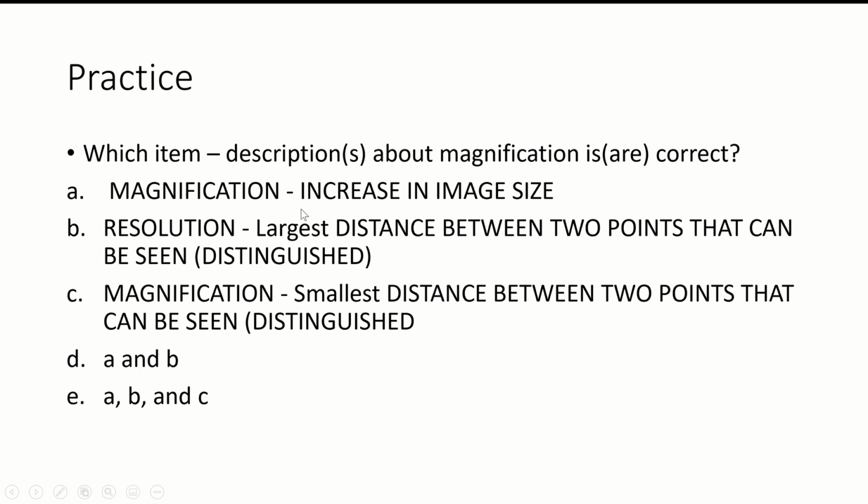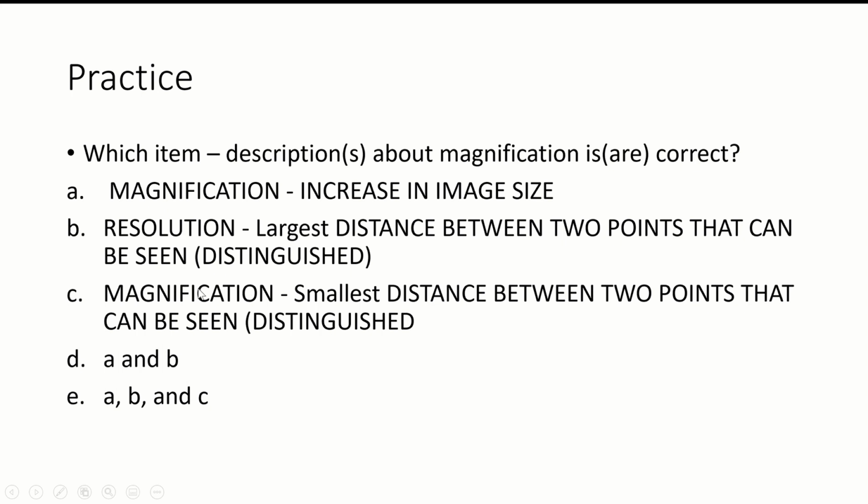And remember, that is not what we said about resolution. It's this one word right here that's changed. Resolution is the smallest distance between 2 points that can be distinguished, right? It's really easy to tell the difference between points that are really far away. We want to tell the difference between parts that are really close together. So it's the smallest distance. That's going to be our resolution, okay?